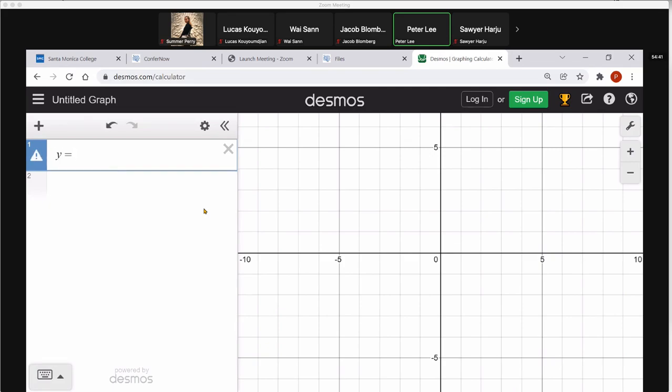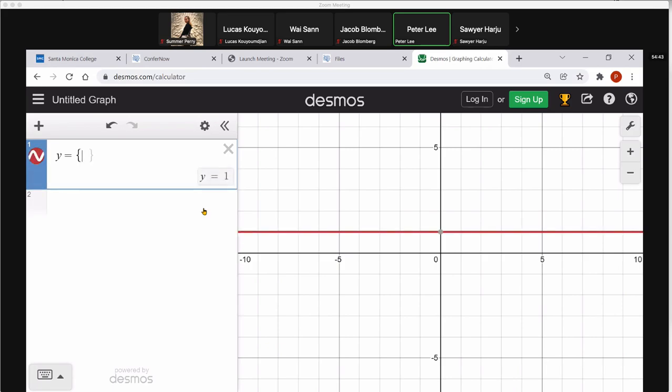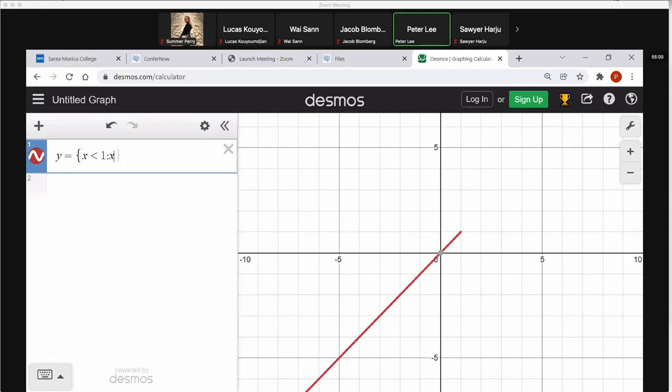Hopefully I can type this quickly here. How do I type this in? x is less than 1, and then colon, what is x squared? x squared plus 1.